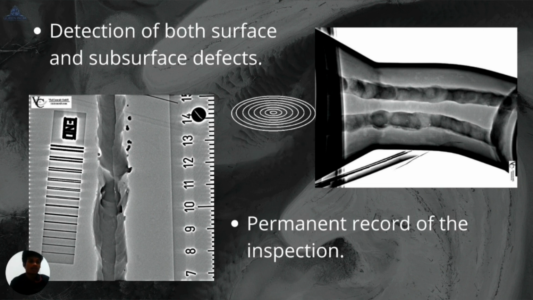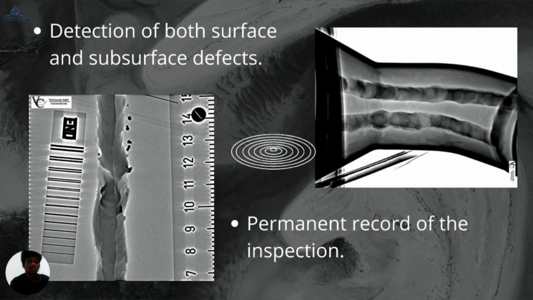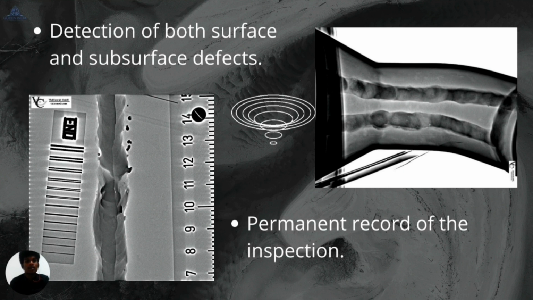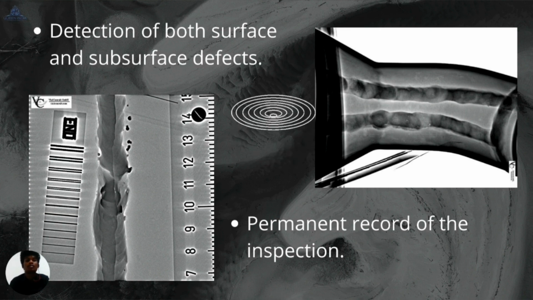By using radiographic testing, surface and subsurface defects can be identified. And the main advantage of radiographic testing is that a permanent record of the inspection can be obtained.